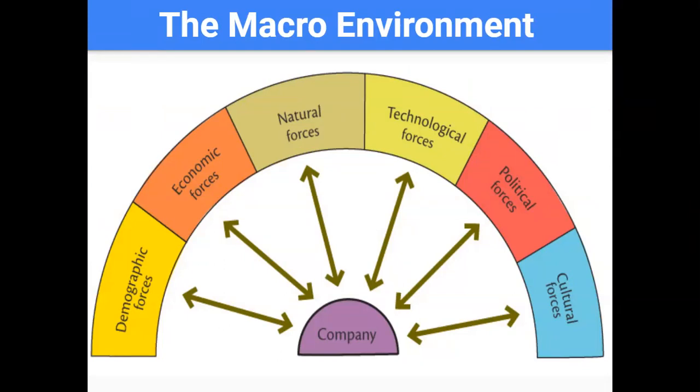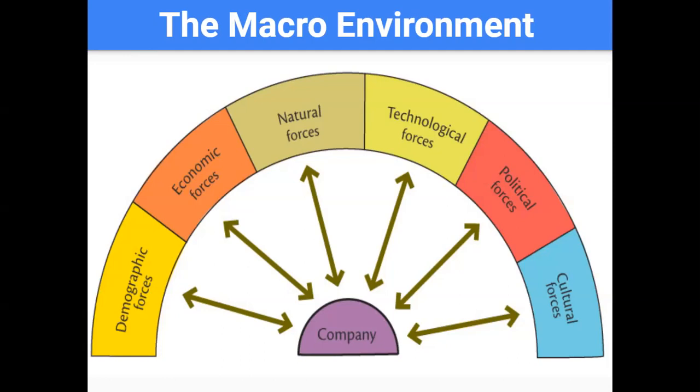So everything that's going on inside the business and everything that's going on outside the business and how that affects the business. When we talk about the external environment, we're talking about the macro environment. That's everything that's happening outside of the business, but it does impact and affect the business.